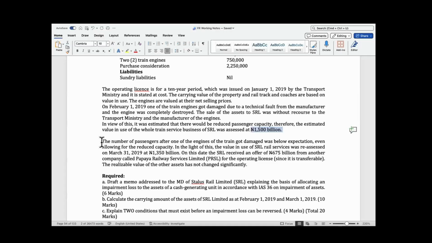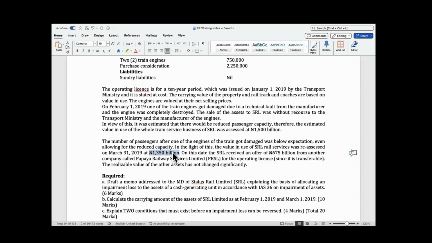We're also told that the number of passengers after one of the engines of the train got damaged was below expectation, even allowing for the reduced capacity. In the light of this, the value in use of the SRL rail service was reassessed on March 31st, 2019 at 1,350.